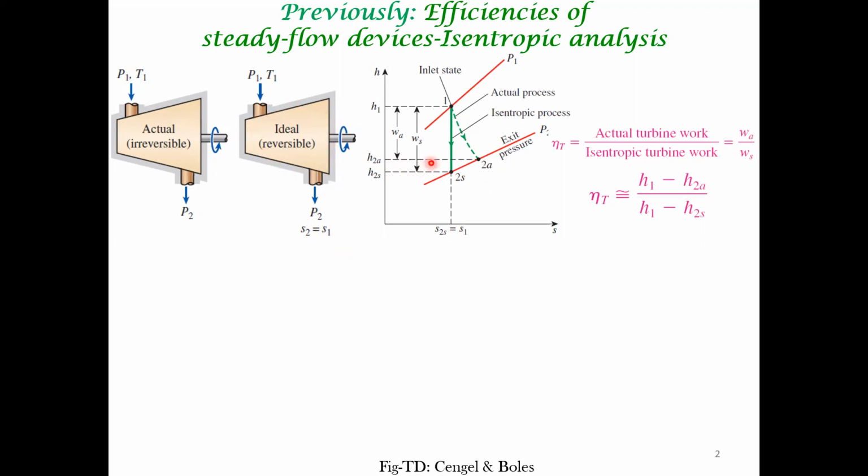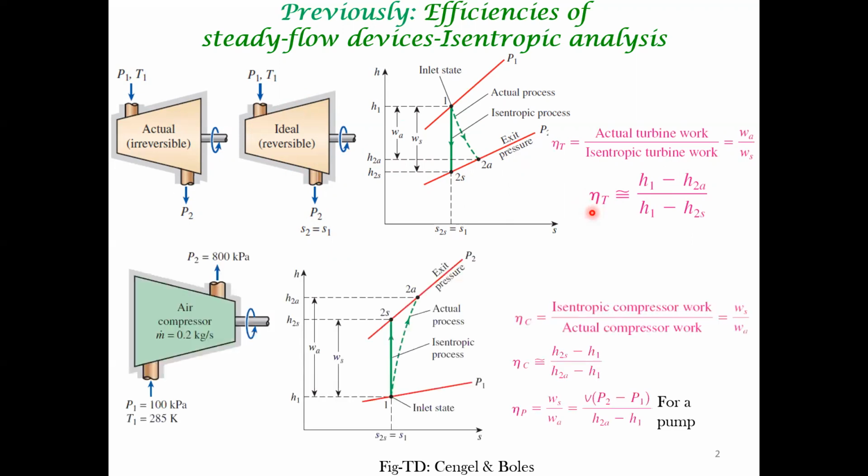So, for example, if you're thinking about a turbine, this gave us a bound on what can be the maximum work that can be obtained. Supposing you neglect kinetic and potential energy changes, you can equate the work to enthalpy changes, and we can derive such a bound. Likewise, if you are operating a compressor or a pump using an isoentropic operation, you can get a bound on the work that is required.